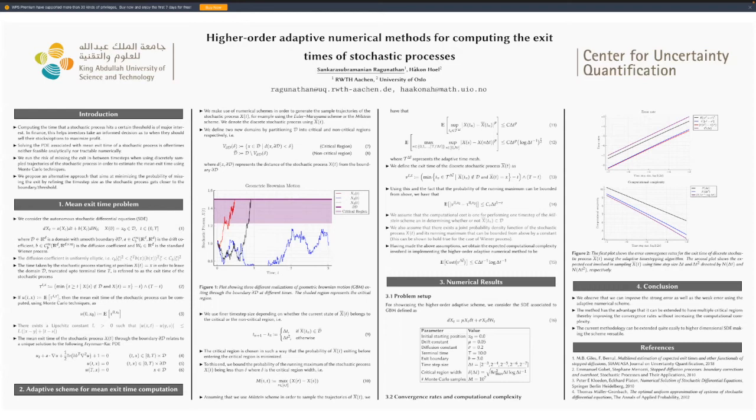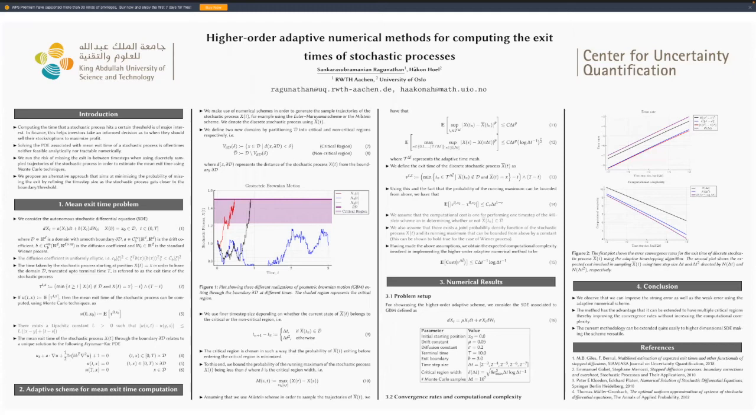So in the numerical results section, you can see the problem parameters that we used in order to perform the numerical tests. We consider a very simple case of a one-sided boundary where we use the geometric Brownian motion given by equation 16, and all the parameters associated with computing the mean exit time are given in the table as stated.